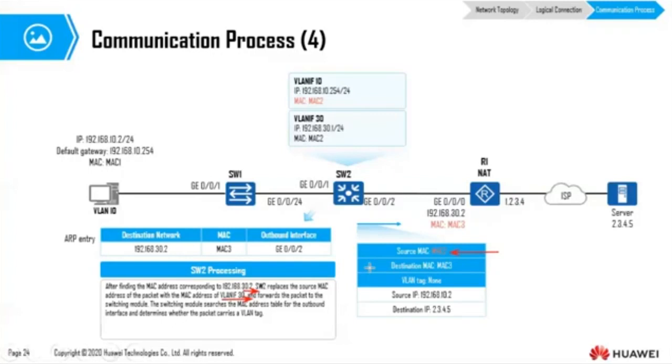And the destination MAC address changes to the MAC address of this interface. Are we together? MAC3. Then it also removes the VLAN tag.